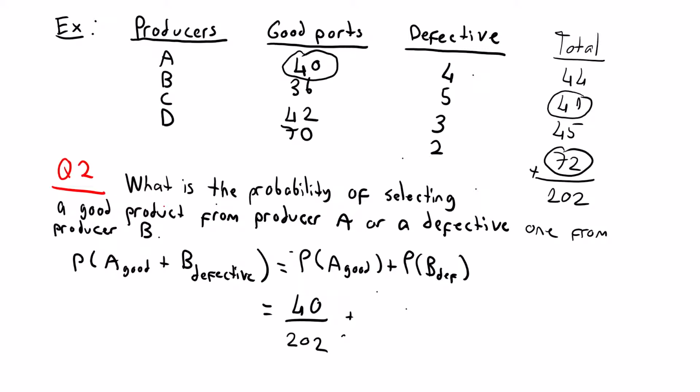That number is 5 out of 202. So that means 45 divided by 202, so that's about 22%. There's a 22% probability that we'll be selecting a good product from producer A or a defective one from producer B.